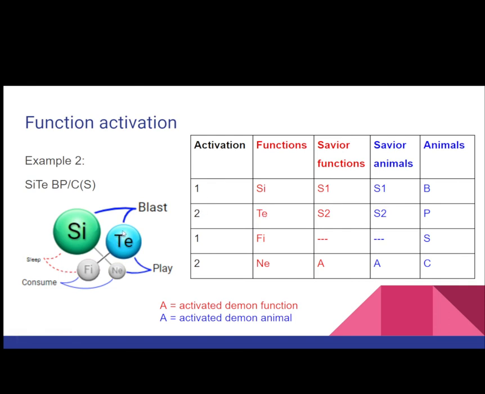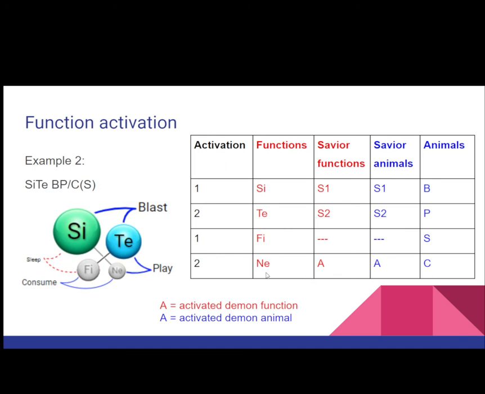TE, we can see that it's being activated through blast. There's a connection there. And it's also being activated through play. So it's being activated twice. Third function, FI, is being activated in the third animal consume, not activated in the sleep, so activated once.